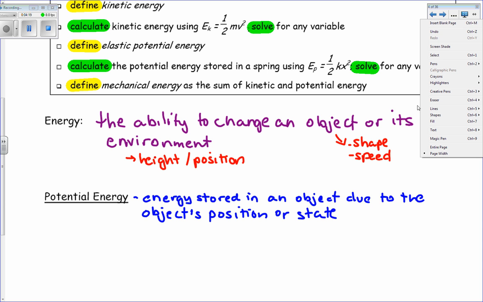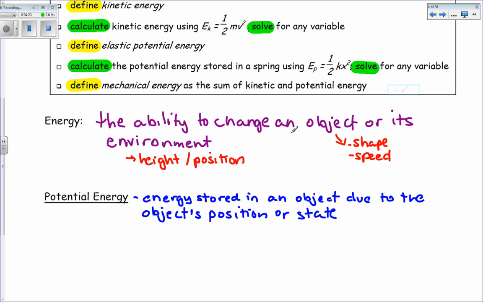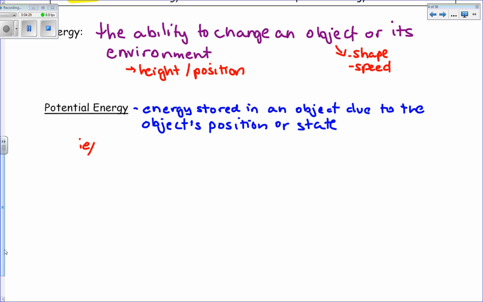There are four main types of potential energy that we talk about in physics. Two that we deal with in Physics 20, one that we deal with in Physics 30, and the other one has more to do with chemistry. Basically we have gravitational potential energy, which is one thing that we're interested in today.